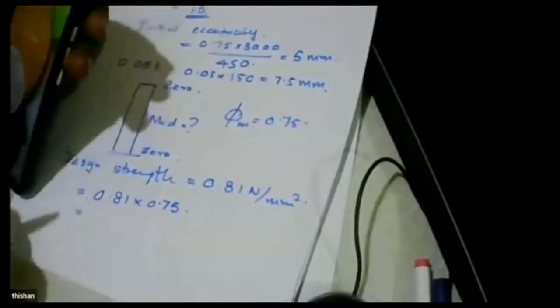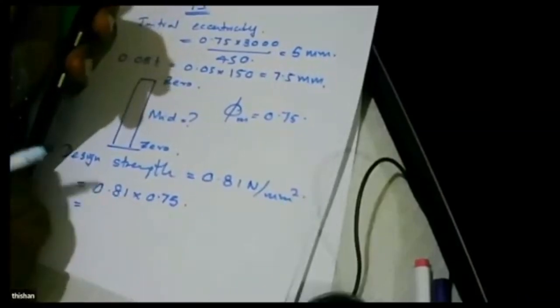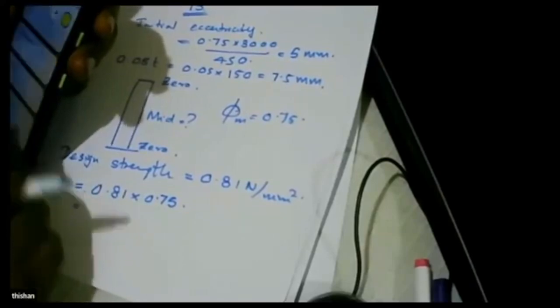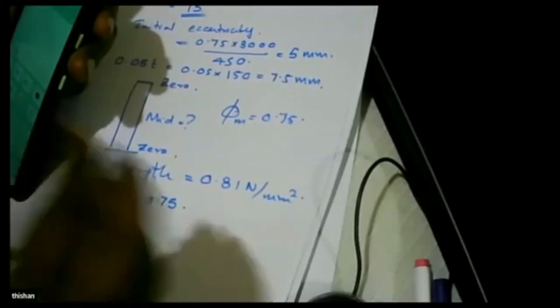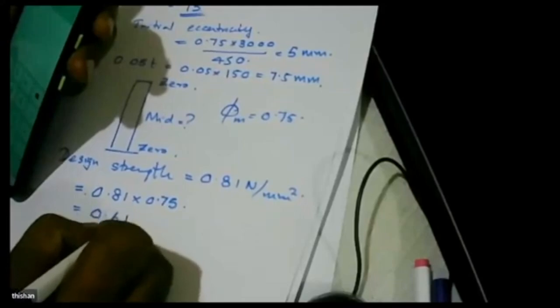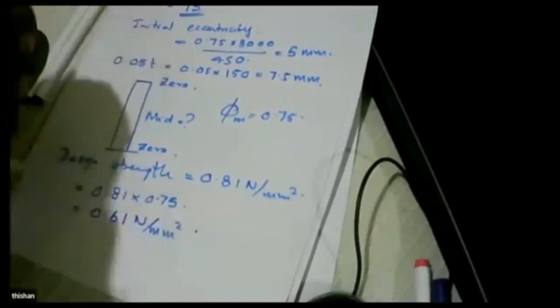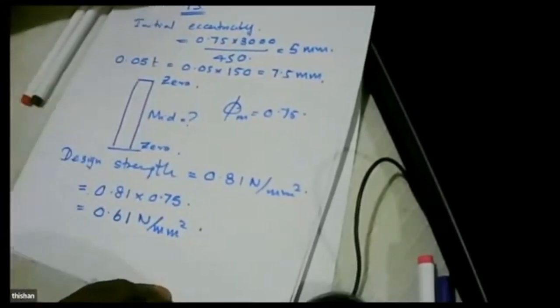So 0.81 multiplied by 0.75 comes to 0.6061, so it comes to 0.61 newtons per millimeter square.